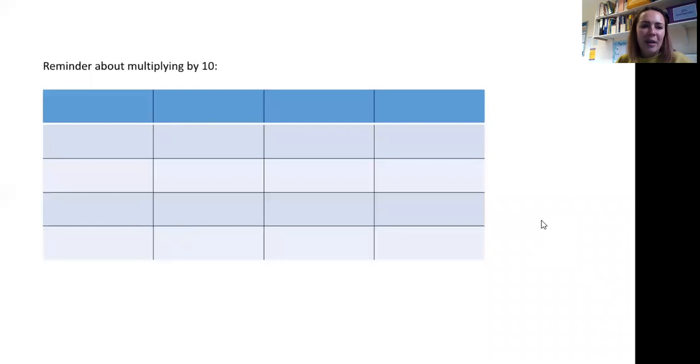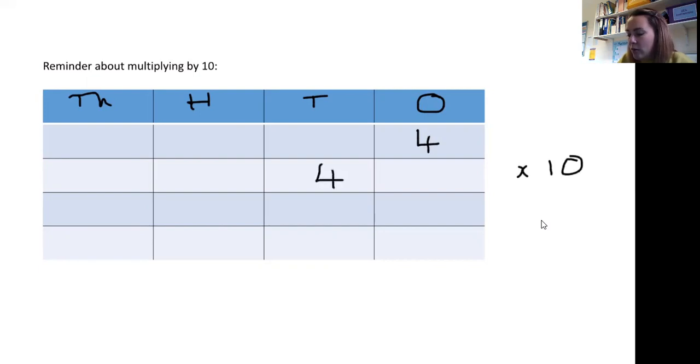Let's have a reminder about multiplying by 10. So you will need a piece of paper and a pencil for this lesson. I've got in front of us here a thousands, hundreds, tens and ones grid. So first of all, let's look at the number 4. If we want to multiply 4 by 10, it needs to move across to go into the tens column to make 40.